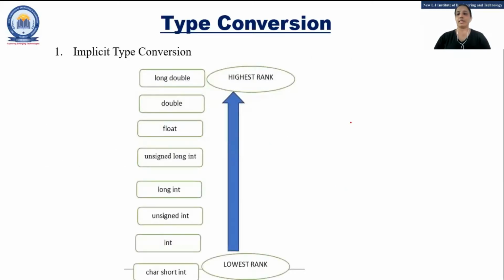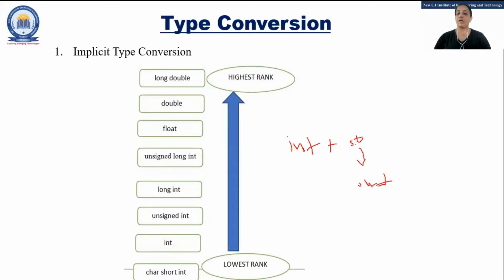First is the concept of implicit conversion. This shows the direction, or we can say the hierarchy, of how conversion happens. A character or short integer will be converted into integer. If one is an integer and another variable is a short integer, the short integer is converted into the integer.